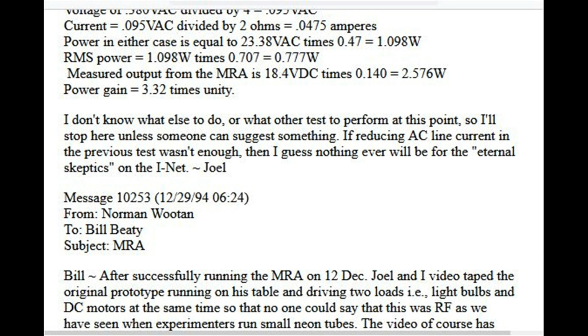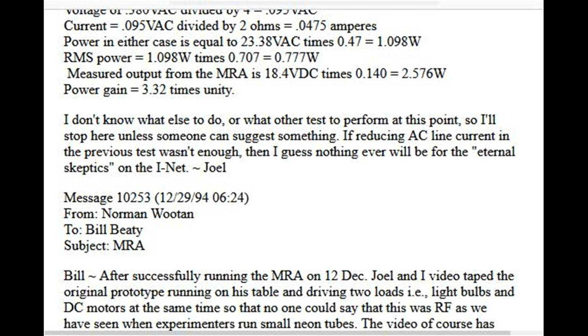Current equals 0.095 volts alternating current divided by 2 ohms equals 0.0475 amperes. Power in either case is equal to 23.38 VAC times 0.0470 equals 1.098 watts. RMS power equals 1.098 W times 0.707 equals 0.777 watts.